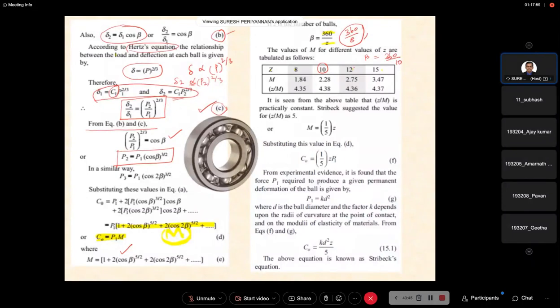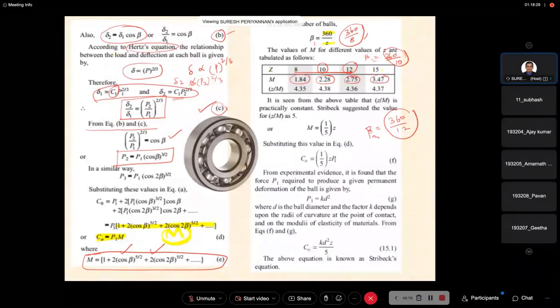Third case, number of balls 12, beta is equal to 360 by 12. For each case, beta 1, beta 2, beta 3, like that, we substitute in our m equation. Finally, in each case we get the values 1.84, 2.28, 2.75, 3.47. This is the m value we obtained from the equation E.